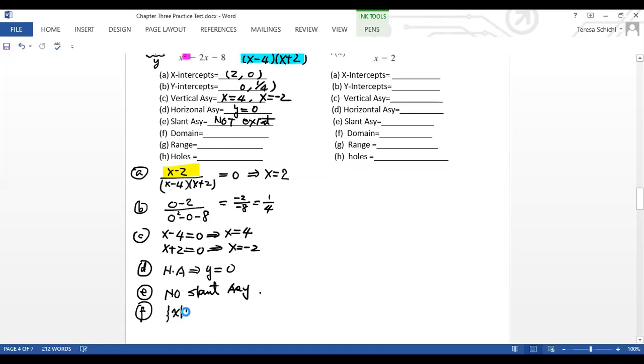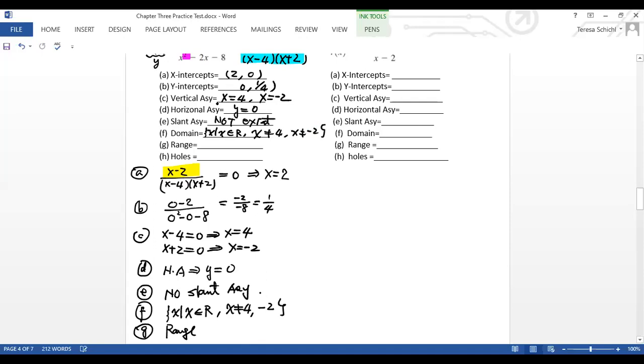So it's all x in the real numbers, but x cannot be equal to 4 and negative 2. For the domain, let's write it here: x belongs to the real numbers, but x cannot equal 4 and x cannot equal negative 2.